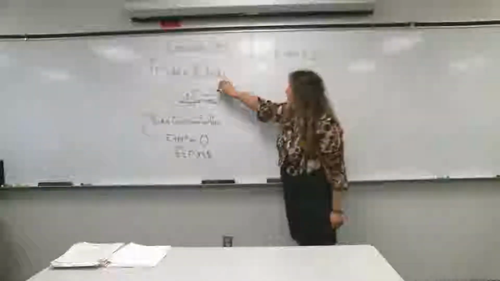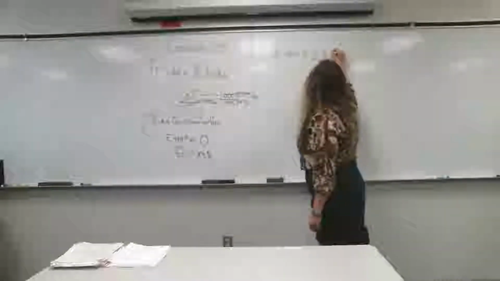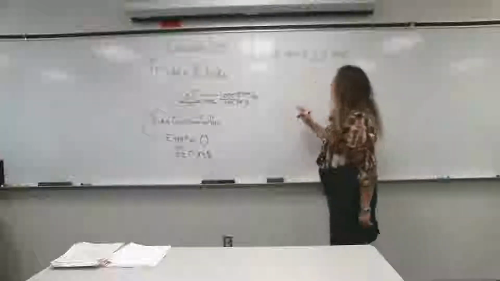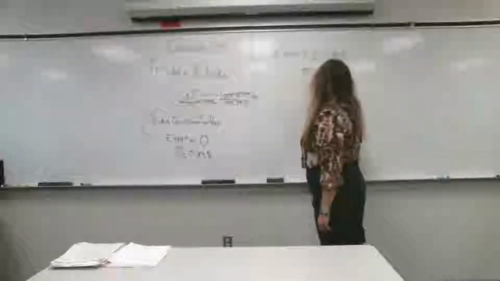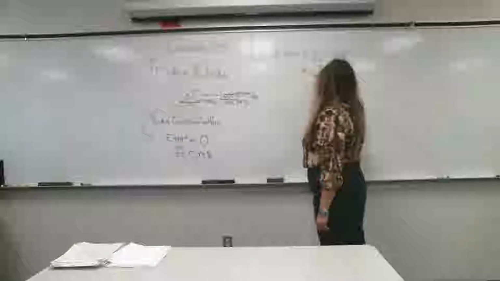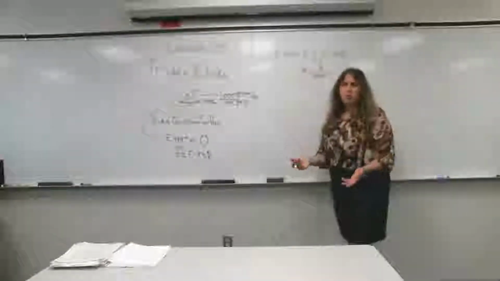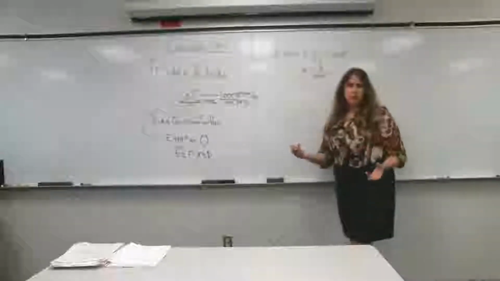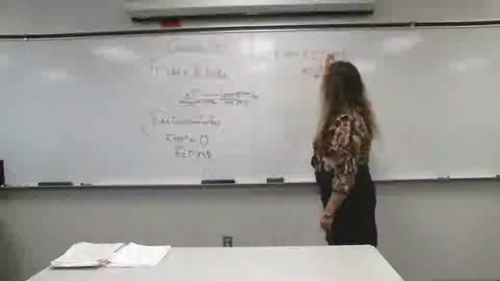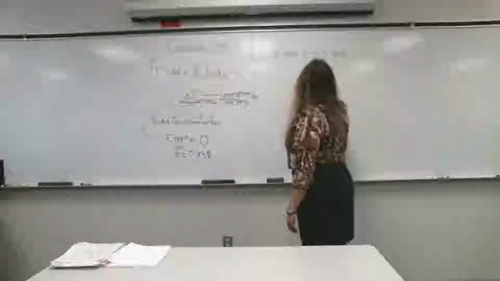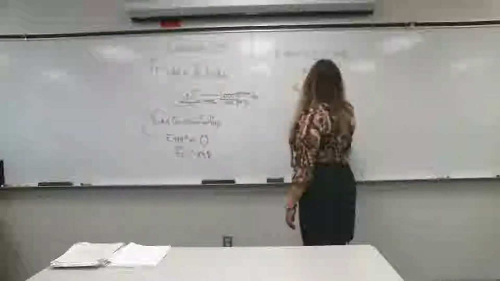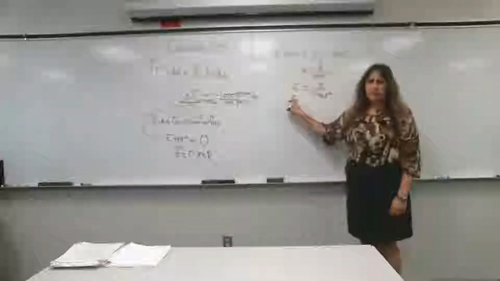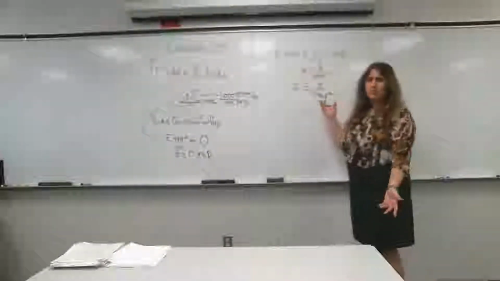It's not little r, it's going to be capital R. So this is 4 pi capital R squared sigma, and sigma is just equal to Q over 4 pi capital R squared. It's just a certain amount of charge Q distributed over a sphere of radius capital R. So therefore, we wind up with the magnitude of E equal to Q over 4 pi epsilon naught r squared.